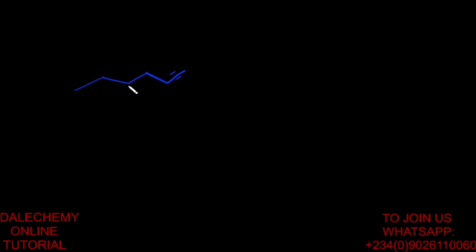So that will be 1 2 3 4 5 6 7 8, so let's call it octyne. Don't forget, when you are drawing the skeletal formula for alkynes, this and this, they are 2 carbon, and this one is the first, second, third, fourth, fifth, sixth, seventh, eighth.